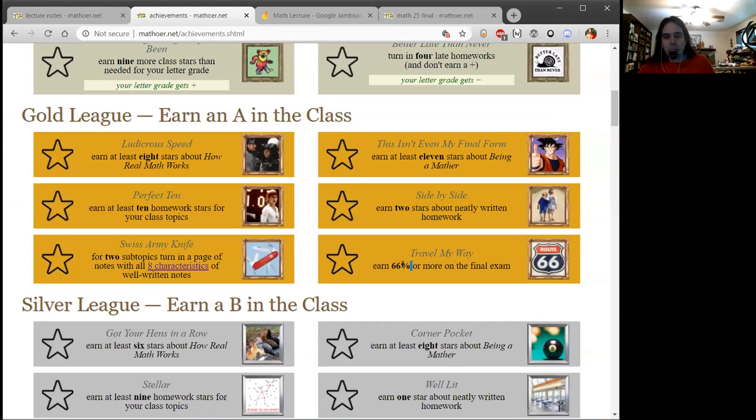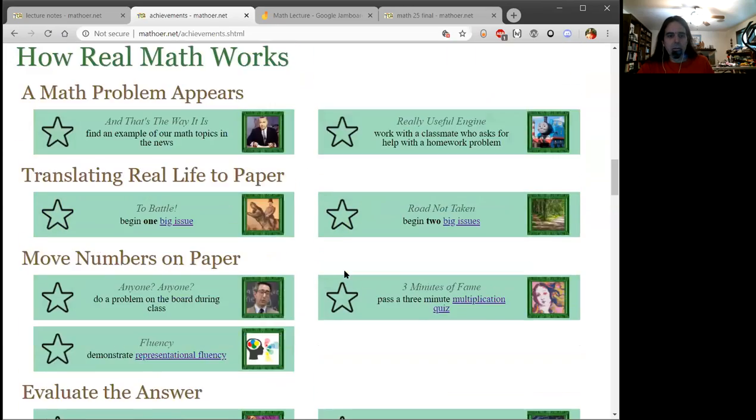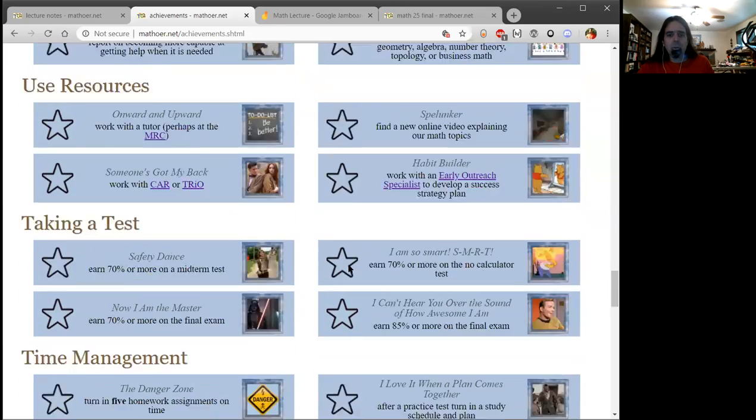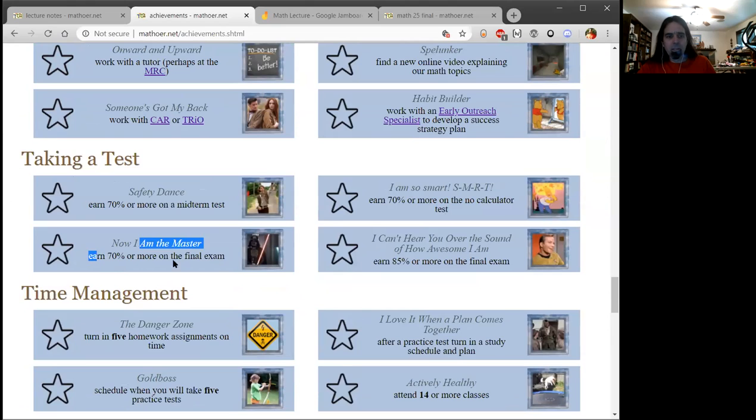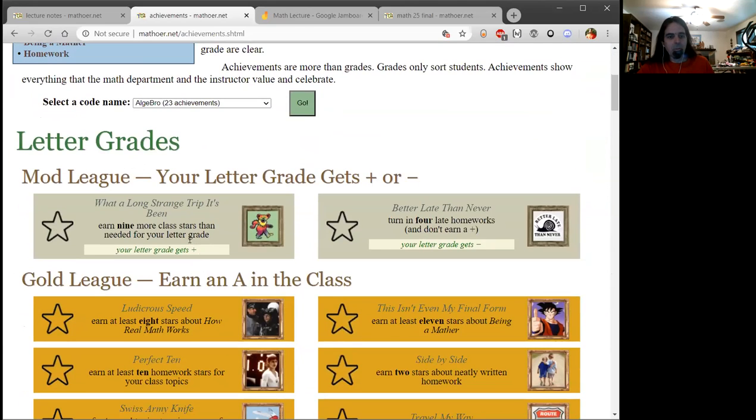If you want to earn more than 66, that's great, because then for the problems here about earn 70 or earn 85, you can get more stars. And getting more free stars helps you get a plus, because if you earn 9 more than you need, you get a plus after your letter grade. So you can get 2 of the 9 just by doing well on the final.